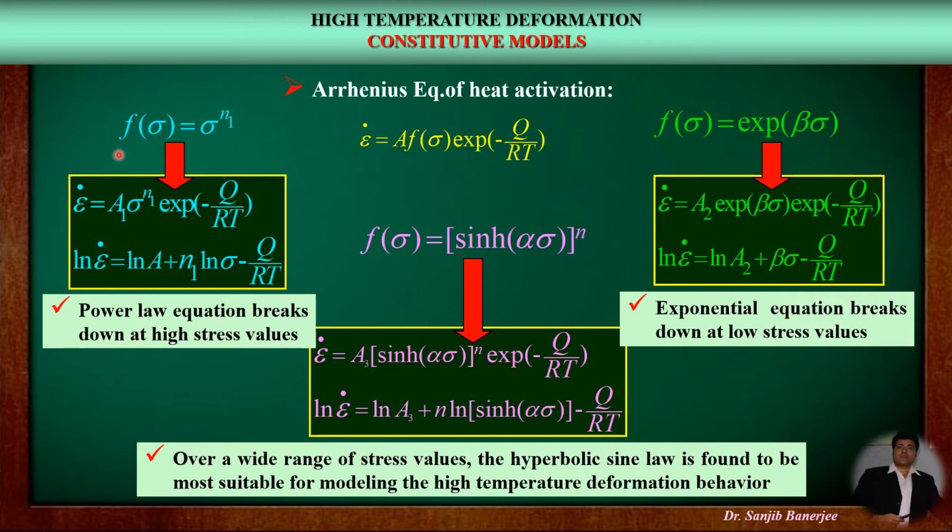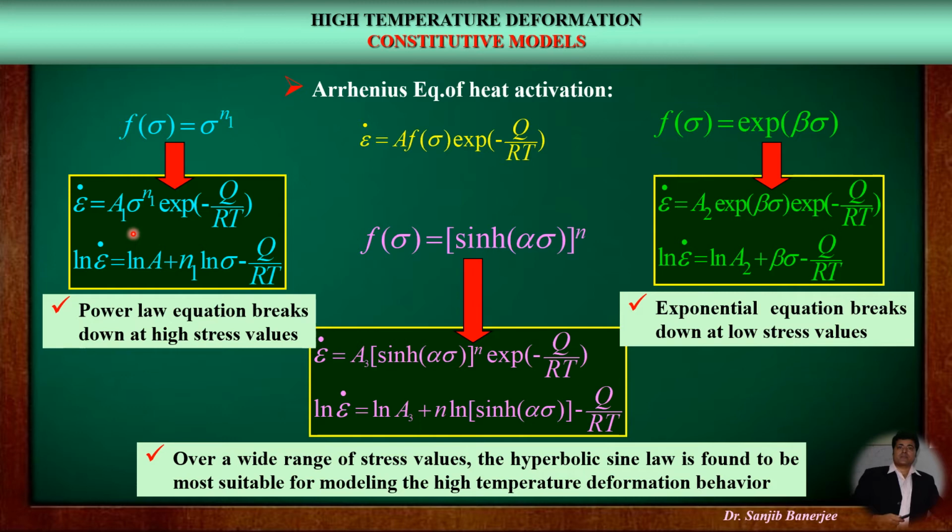Firstly, the F sigma may be represented as a power equation, that is sigma to the power of n1. In this case, the strain rate epsilon dot becomes this particular expression, where the constant A becomes A1.